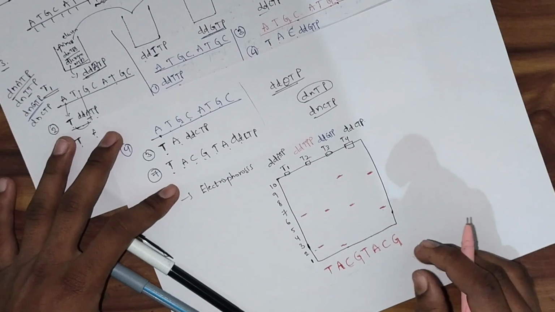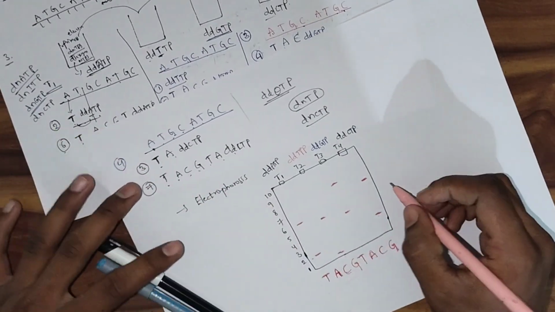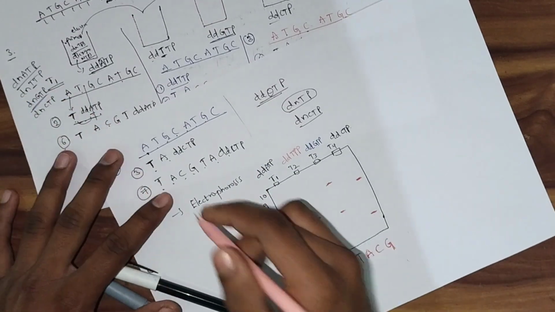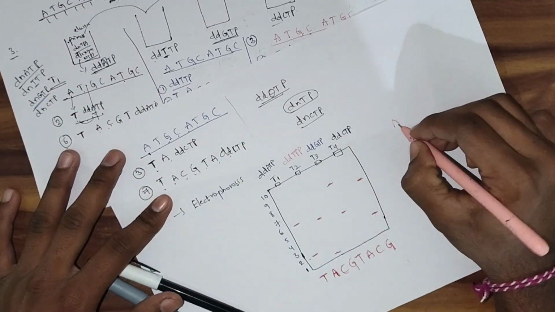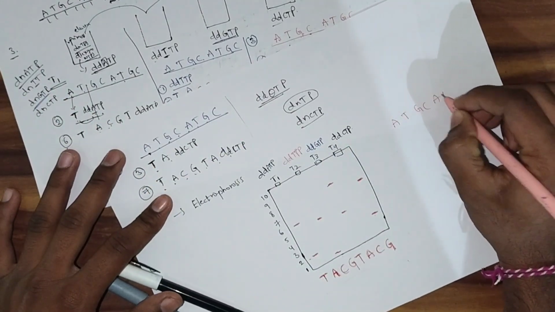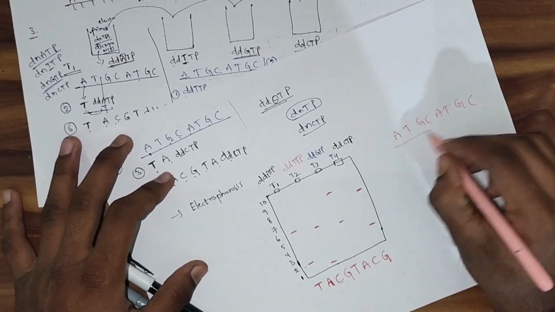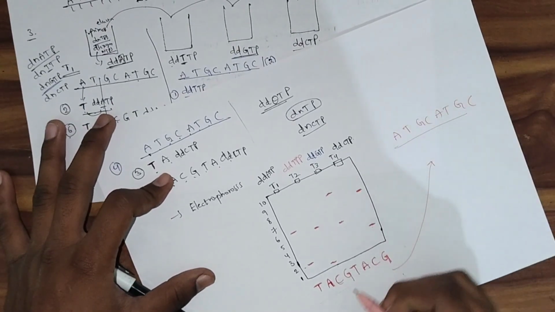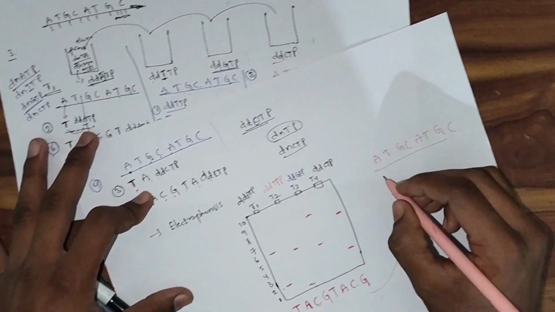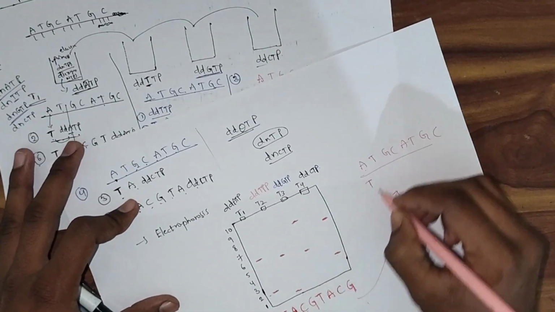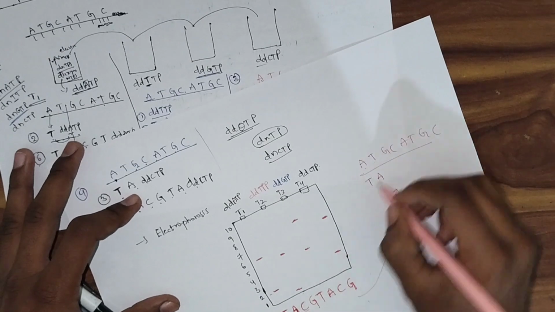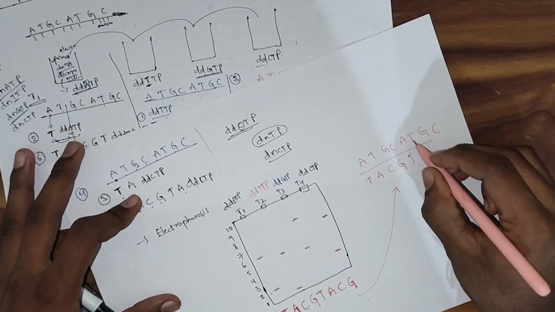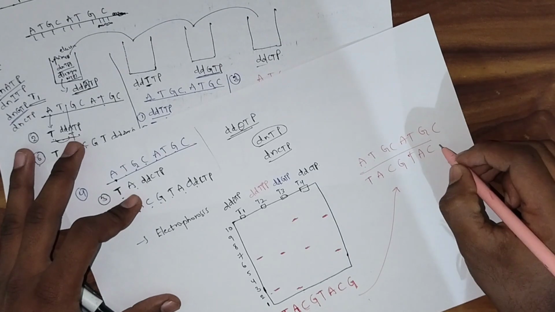It is the complementary sequence to the template strand of DNA. For example, for this DNA template strand, this was the complementary sequence: adenine, thymine, adenine, guanine, cytosine, guanine, thymine, adenine, cytosine, guanine.